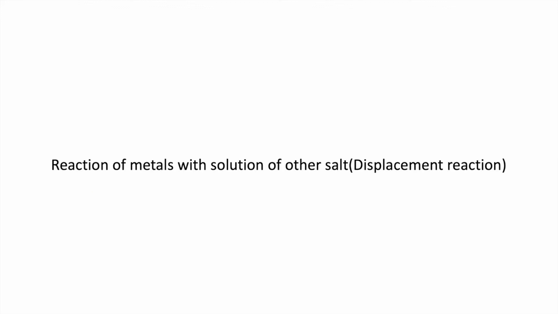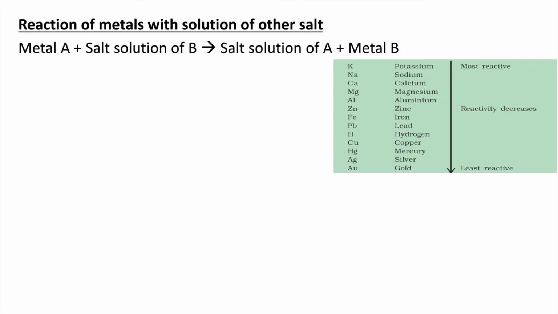Here we will discuss how metals react with solutions of other salts. This type of reaction we call a displacement reaction. In a displacement reaction, metal A reacts with the salt solution of B to form the salt solution of A and metal B. It means metal A can displace metal B from its salt solution.